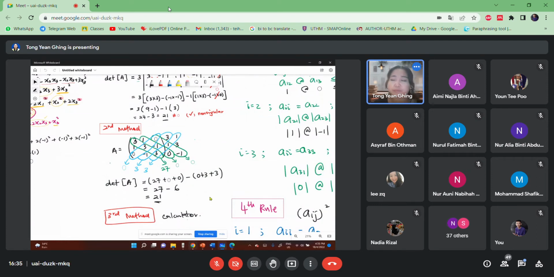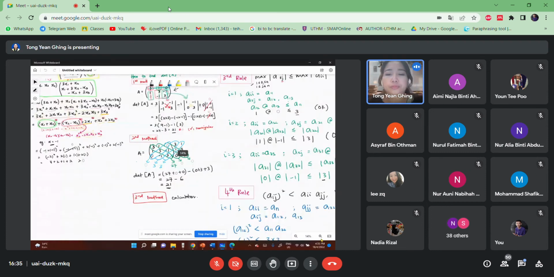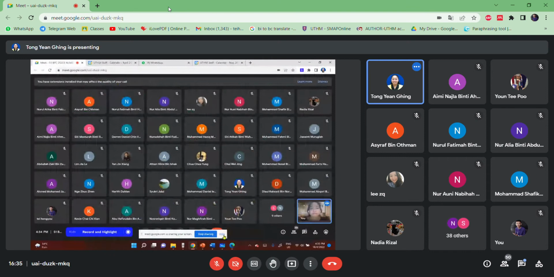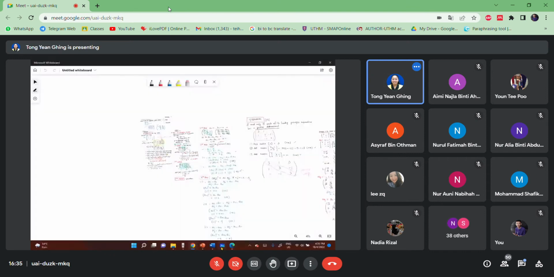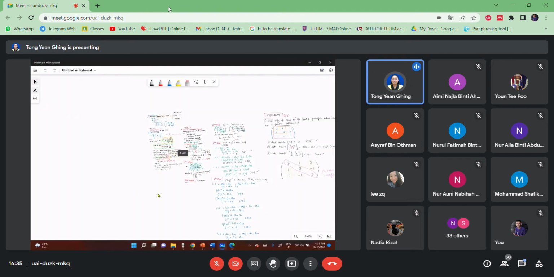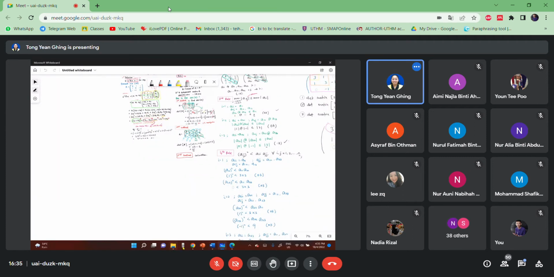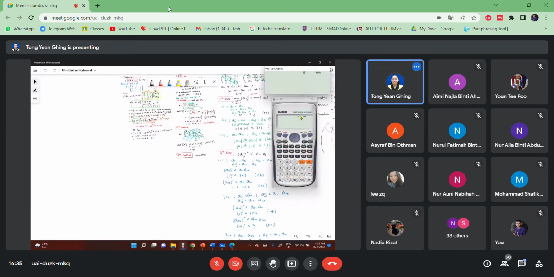Wait. So using Casio FX570MS. Wait. So if let's say we are using this one, since I don't know how to, because I don't have this type of display, called apa?